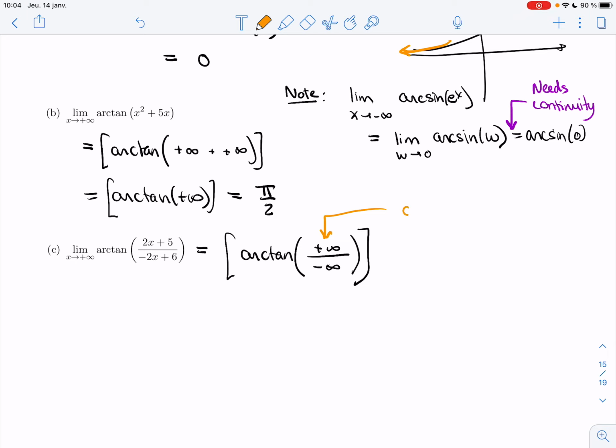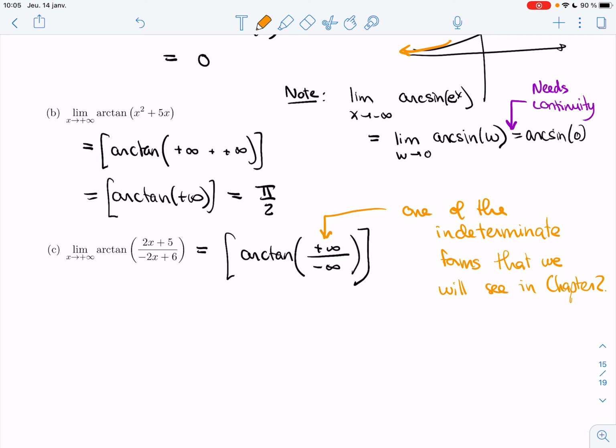So this is one of the indeterminate forms, and that means I cannot tell you what it is by just looking at infinity over infinity. I have to actually go back to the function, 2x plus 5 over minus 2x plus 6, and use algebra to simplify it to get the limit. So this is one of the indeterminate forms that we'll see in chapter 2.